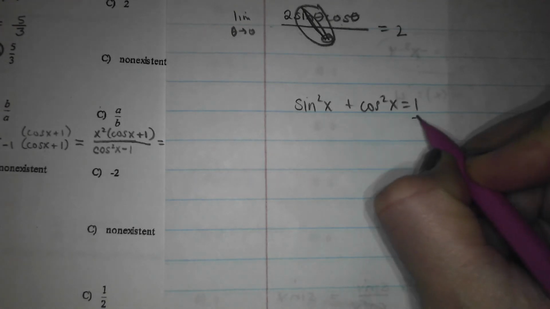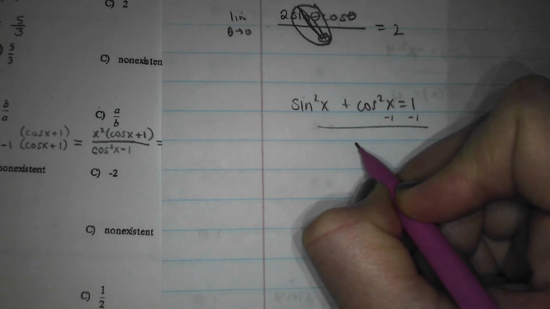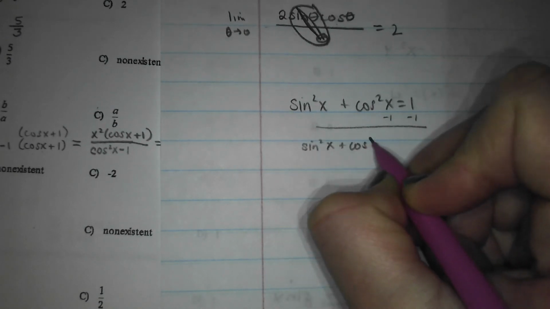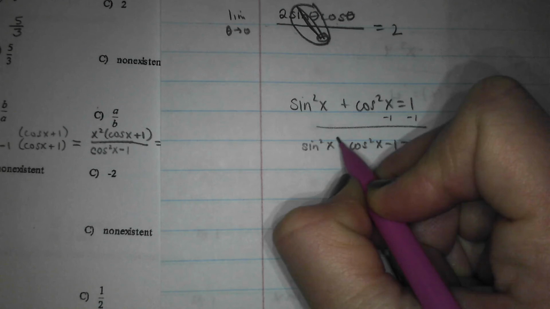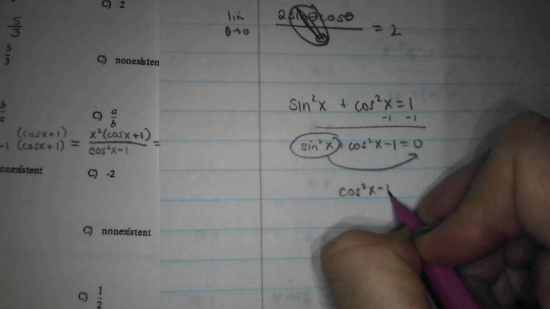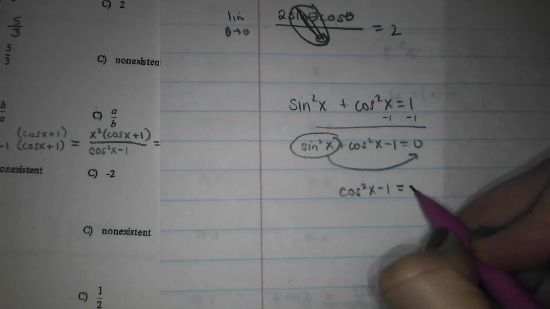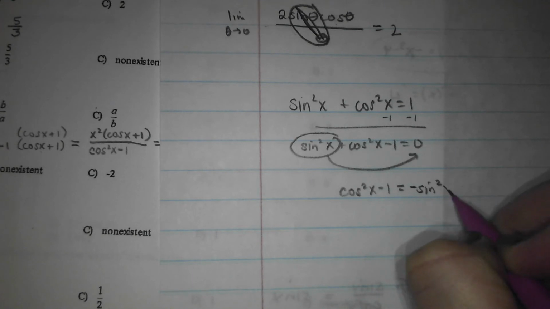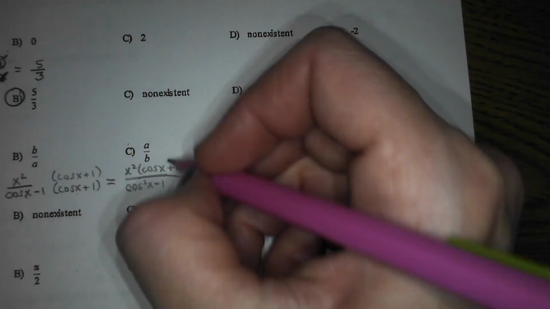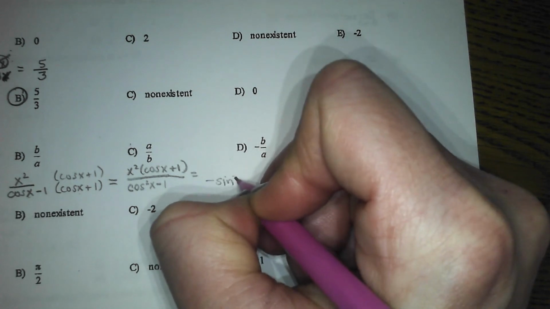If I subtracted this 1 over, I'd have sine squared x plus cosine squared x minus 1 equals 0. Get that over. So cosine squared x minus 1 can be replaced with negative sine squared x. Everybody see that?